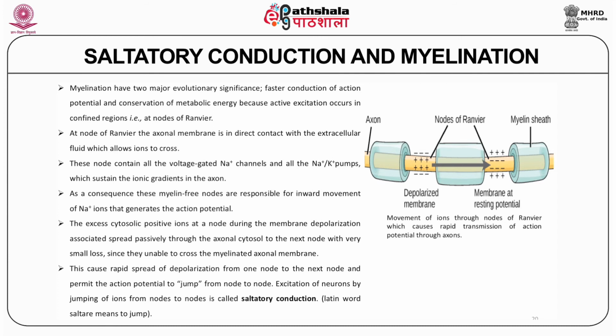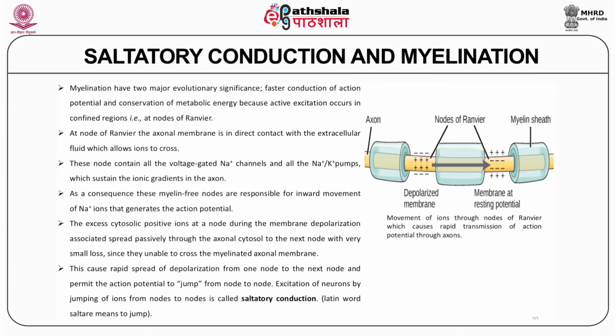The excess cytosolic positive ions at the node during membrane depolarization spread passively through the axonal cytosol to the next node with very little loss, since they are unable to cross the myelinated axonal membrane.